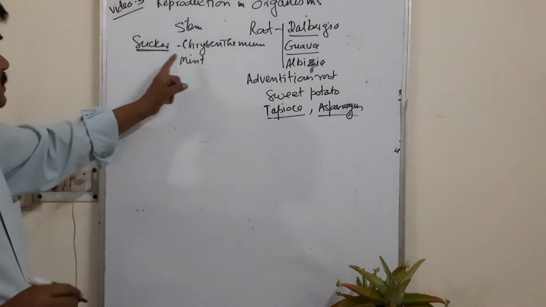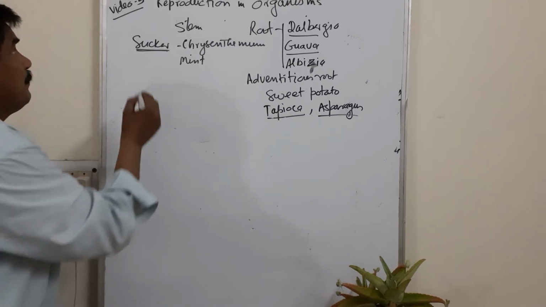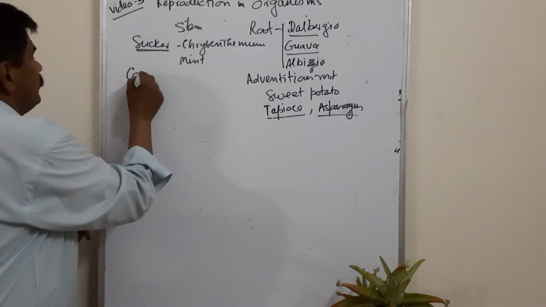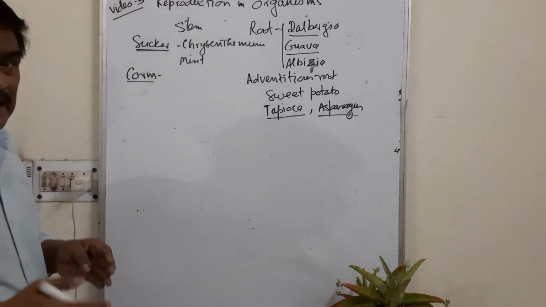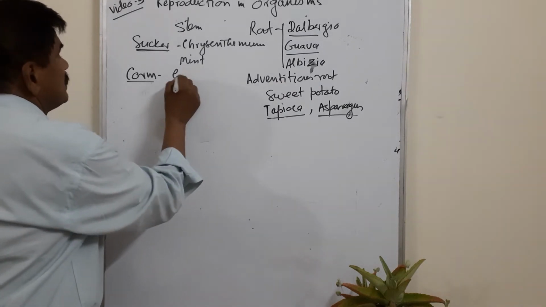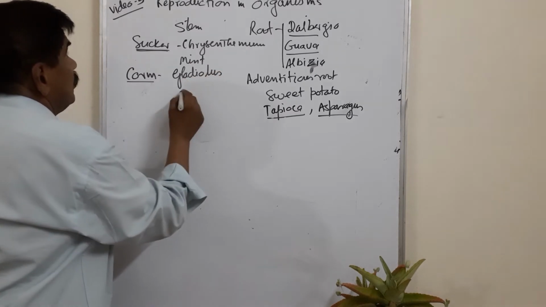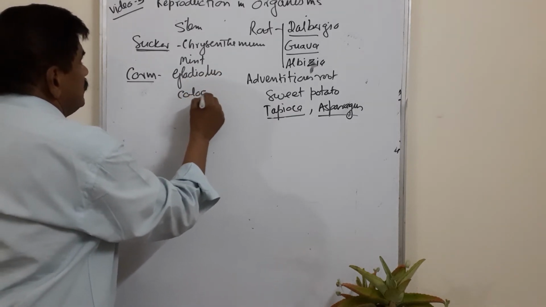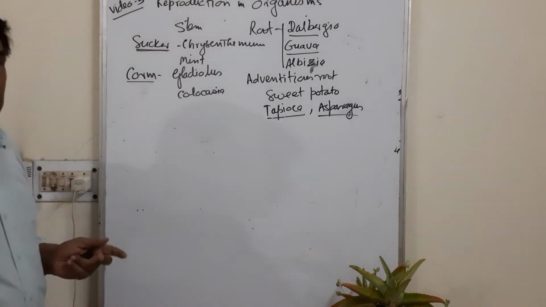In these plants, suckers are modified stems that produce a new plant. Say corm also; corms are modified underground stems. The corms are, say, gladiolus, colocasia. These are corms, and from corms the new plant is produced.